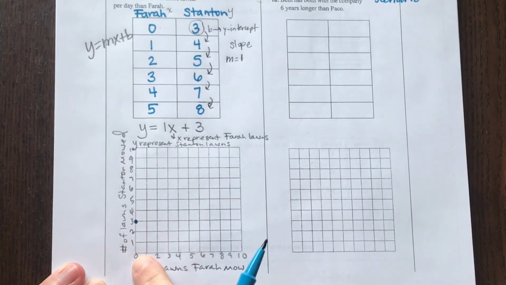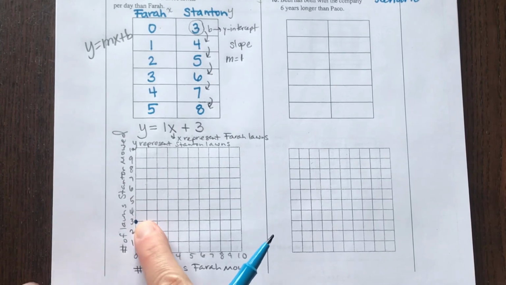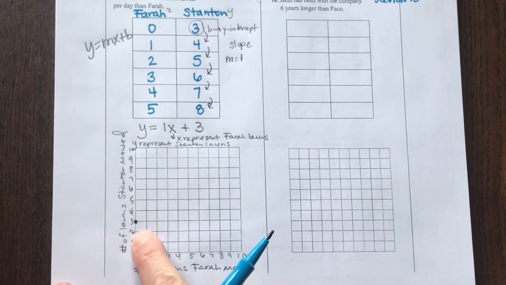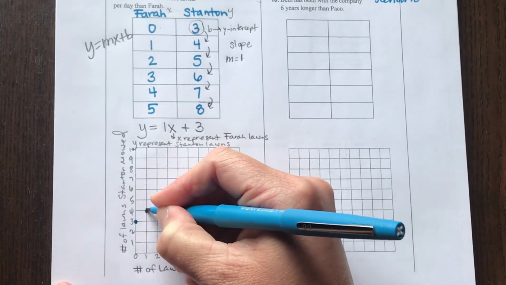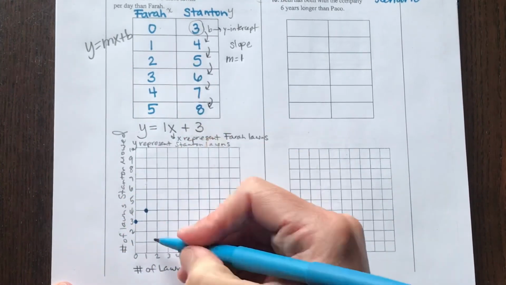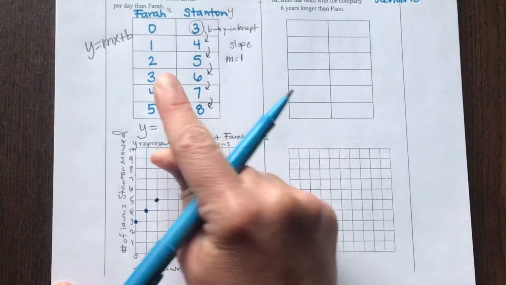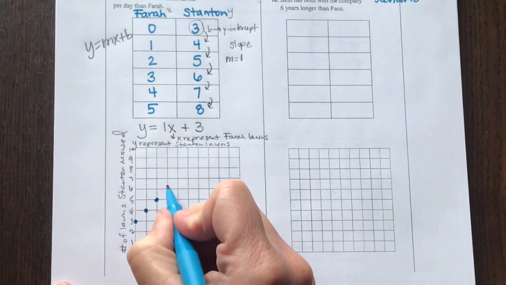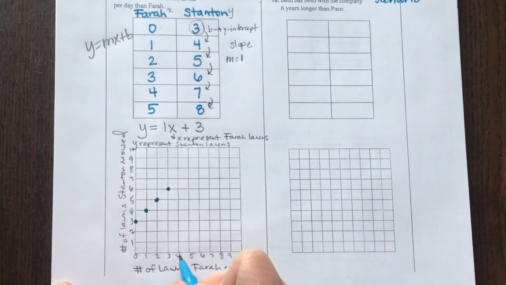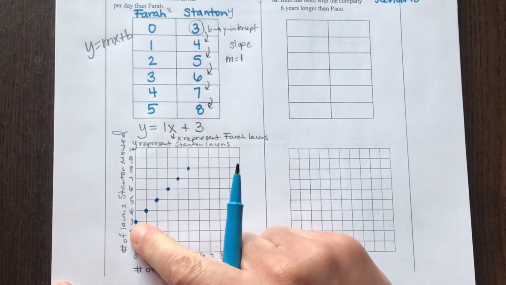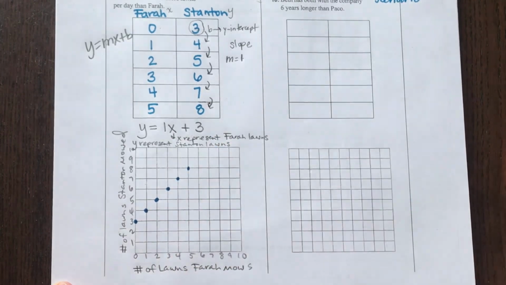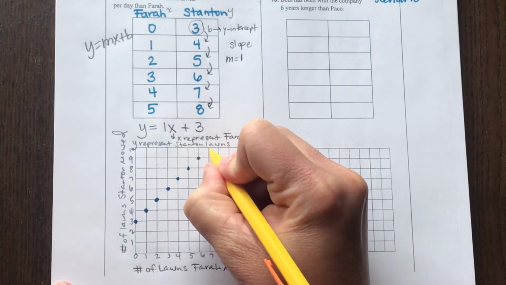Notice how we don't start at the origin this time because Stanton will have mowed more than Farah, so we start up here. At 1 for Farah, Stanton will have 4. 2, 5, so 2, 5. 3, 6. 4, 7. 5, 8. And if you can identify the pattern, you could keep going.